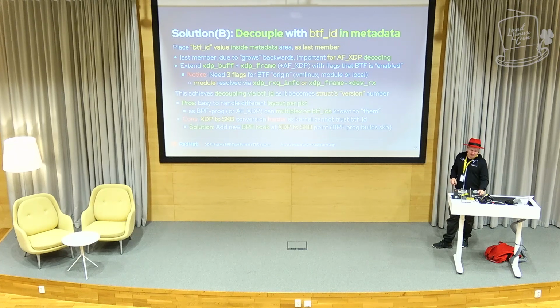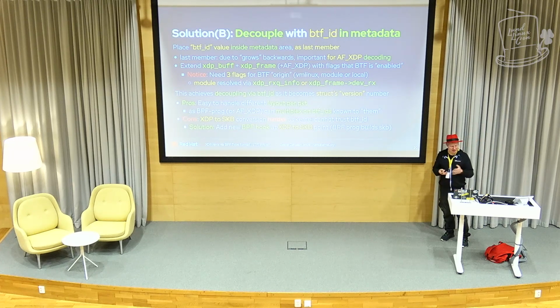The decoupling via the BTF ID also becomes sort of the struct's version number, and you can then extend the struct and know from user space how this is connected. It's easy to handle layout per packet, as the BPF program and the AF_XDP program can multiplex on these IDs.